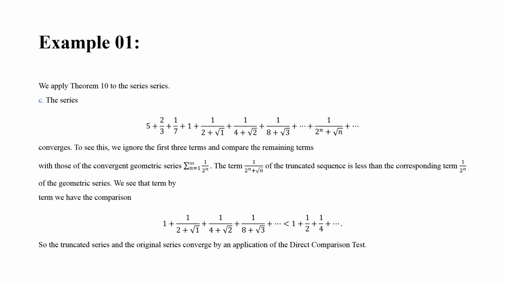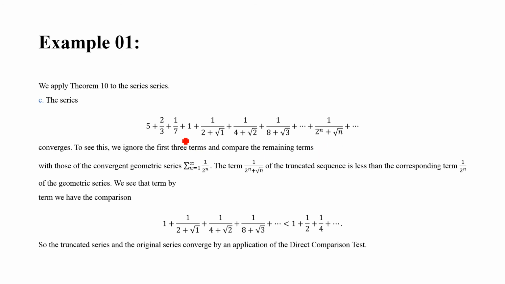Alright, part C. So we have another series: 5 plus 2 over 3 plus 1 over 7 plus 1 plus 1 over 2 plus square root of 1 and 1 over 4 plus square root of 2 and so on, right?